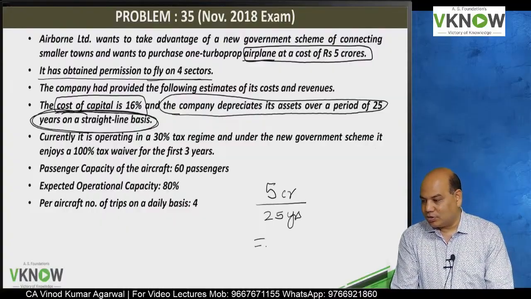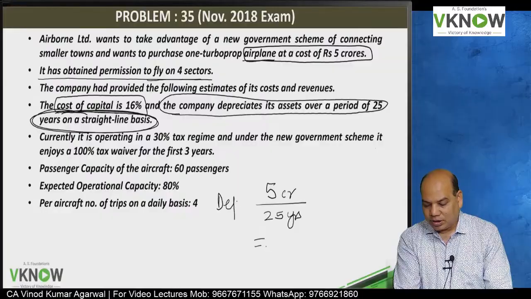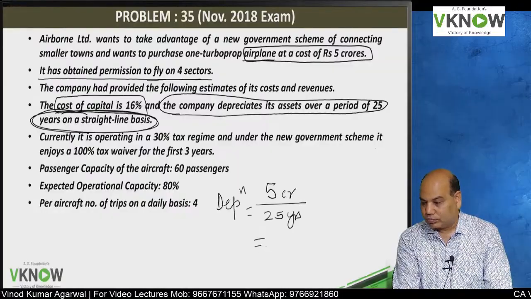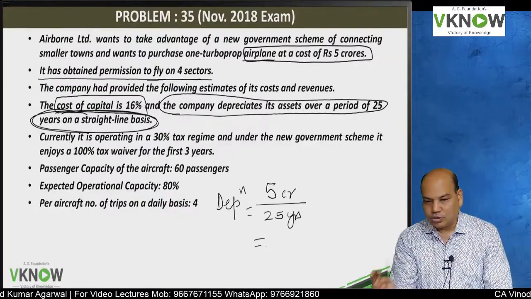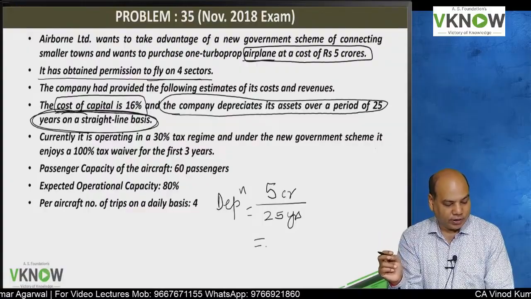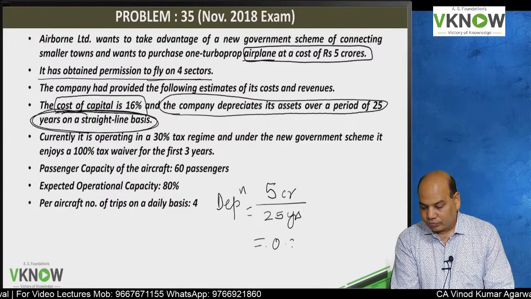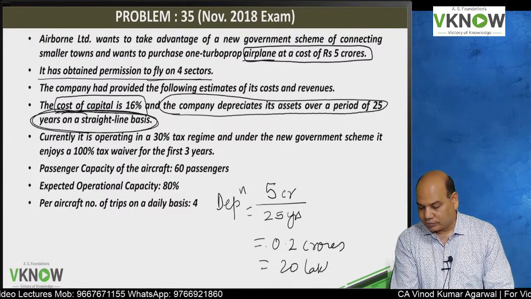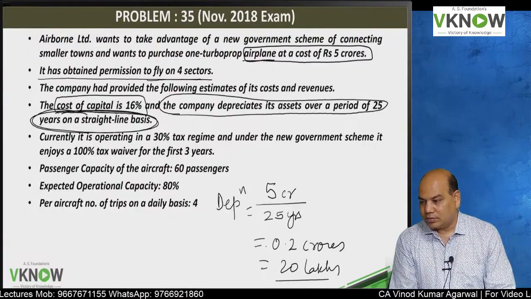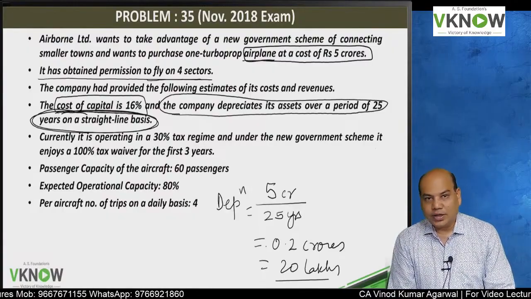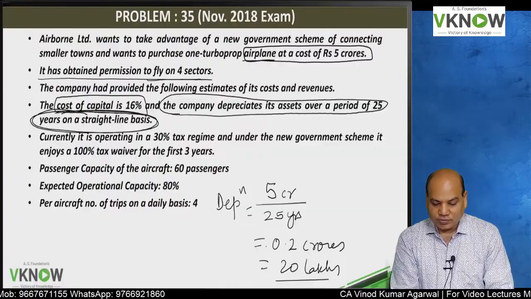Can you tell me how much will be depreciation per annum? Yes, try 5 crore divided by 25. How much will be depreciation? 0.2 crore, or 20 lakhs. That's right. So I will require depreciation because of taxation.